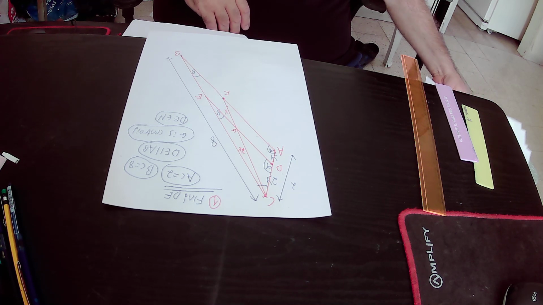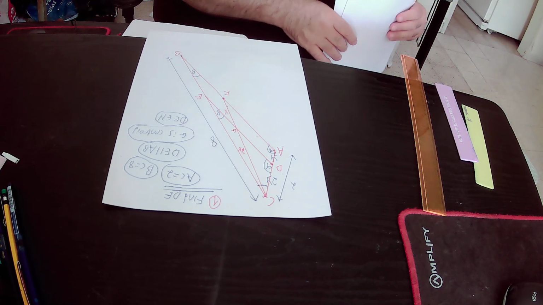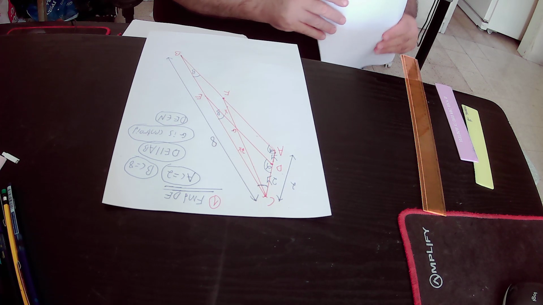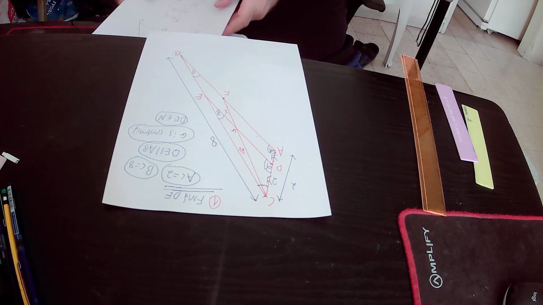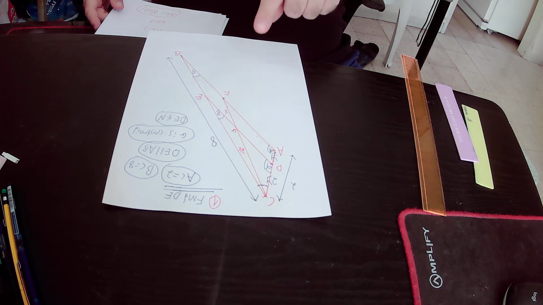And what is the centroid of any triangle? The centroid of any triangle is a point in which all the three medians of the triangle intersect with each other. G is a point where the three medians of the triangle intersect with each other.